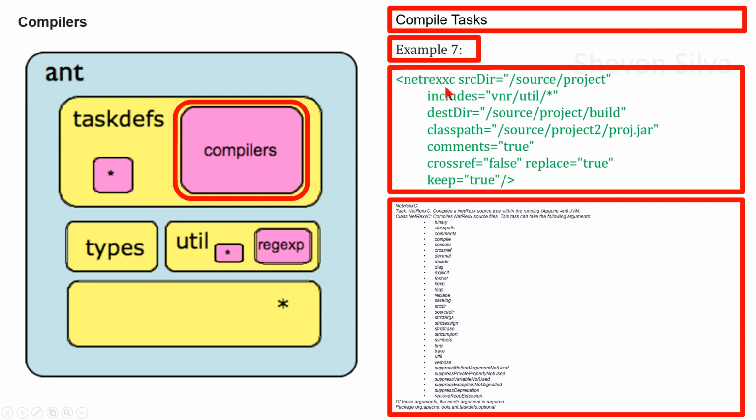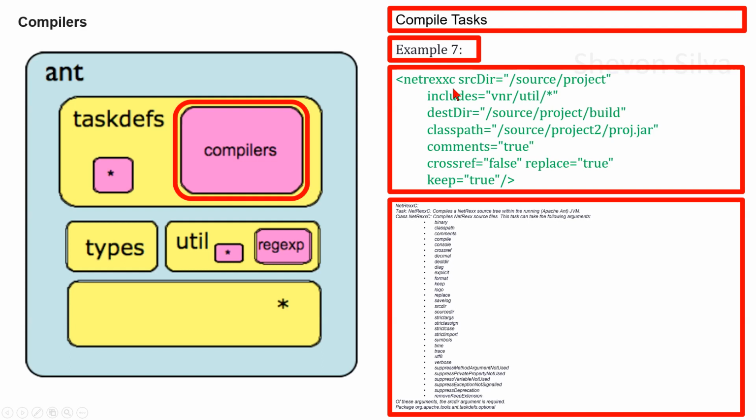Now we are considering NetRexxC. Task NetRexxC compiles the NetRexx source tree within the running Apache Ant JVM. With regard to the API, class NetRexxC compiles NetRexx source files.